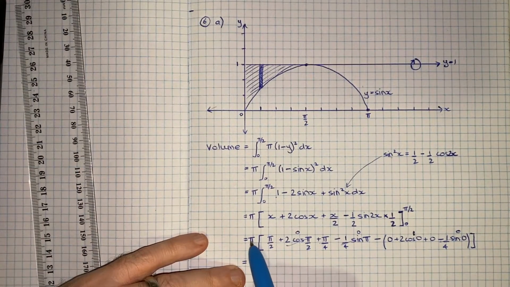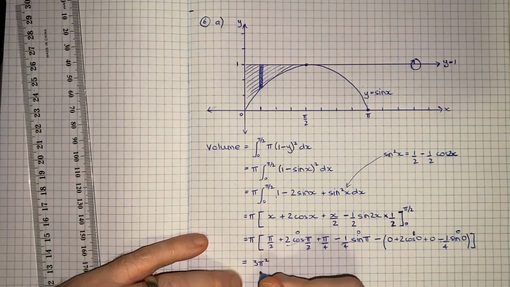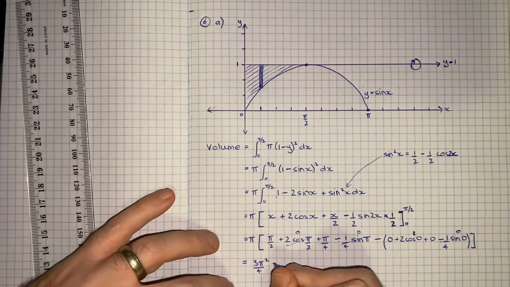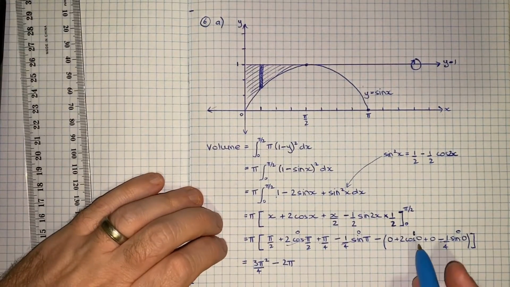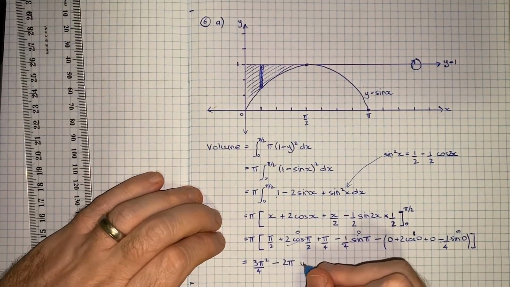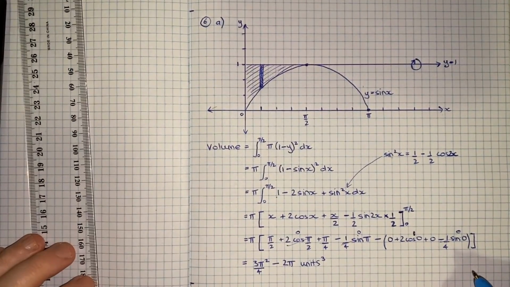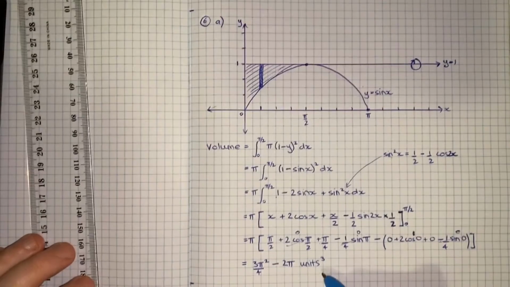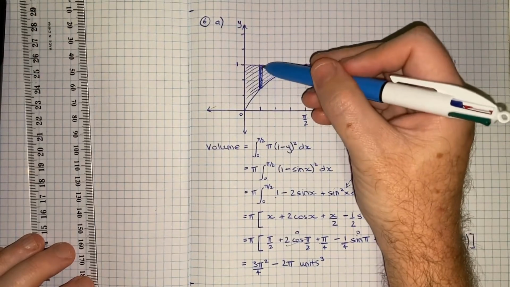Or if I multiply the pi through, it'll be 3 pi squared on 4 minus 2 pi. That's how that will all expand. And then we just got to remember our units: units cubed. Alright, so that's what we get for part A using this method.